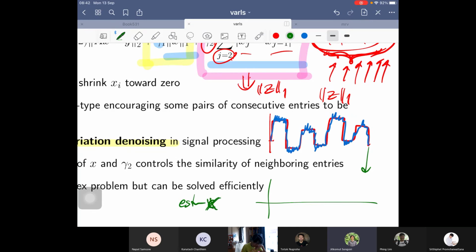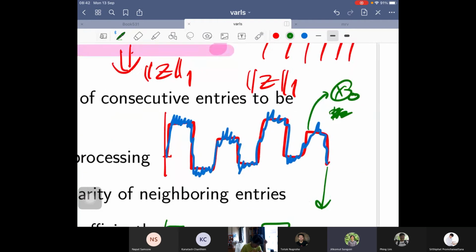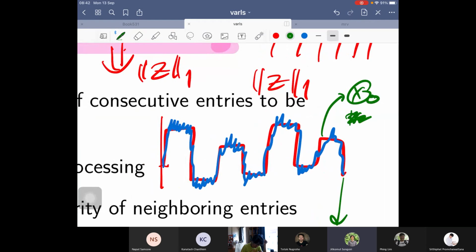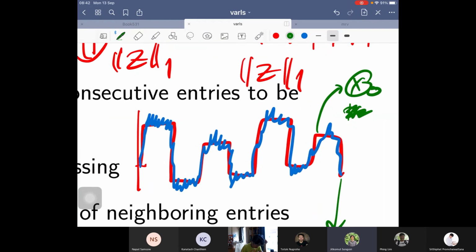Your x is the whole signal, which means what you want to do is clear all the noise. As I draw in this graph, your signal x seems to be piecewise constant, right?